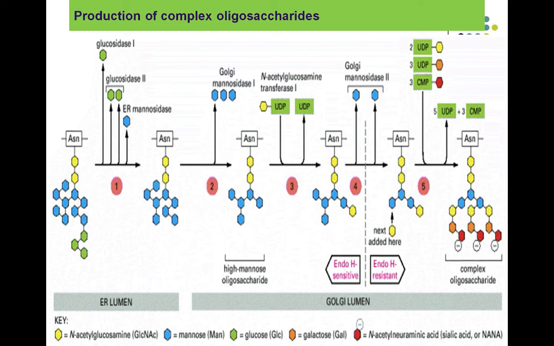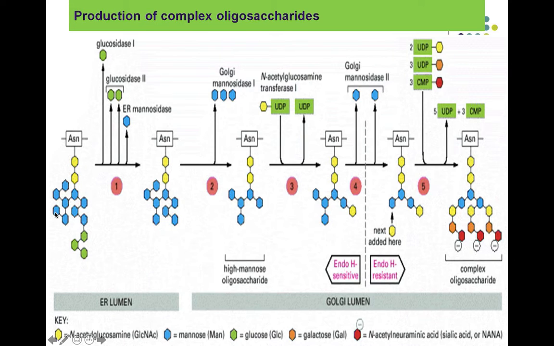Here in step 1, within the ER lumen, glucosidases can act upon the N-glycosylated protein and remove sugars, as well as mannosidase. You can see here a change in the oligosaccharide chain: the glucose monomers are gone, and one mannose monomer is gone.